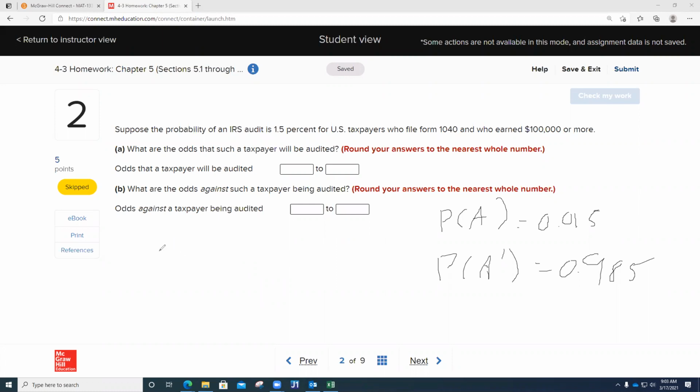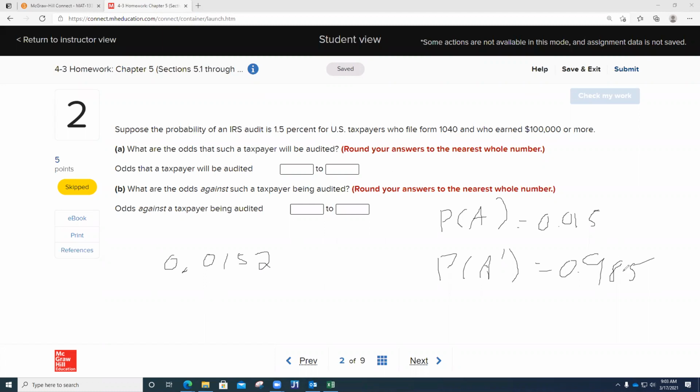We take 0.015 and divide it by 0.985, and we get 0.015. I'm going to go one more decimal so you can see it is a different number, 0.0152. So this is the odds of being audited.